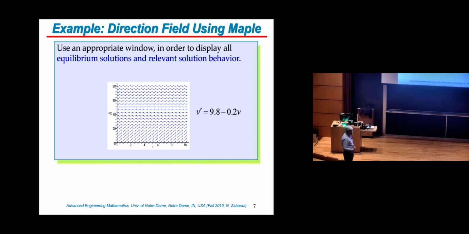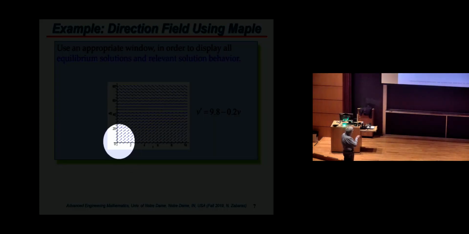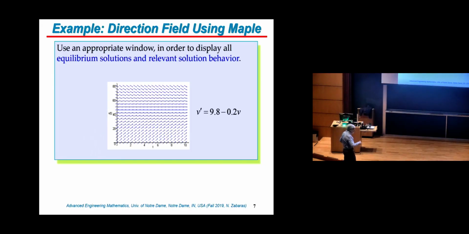So you may have various stable and unstable modes that you will need to recognize in the solutions. And to be sure that you do it right, just be sure that when you plot these direction fields, the range that you use for the time and the velocity, for example, is large enough to basically show you what's going on.